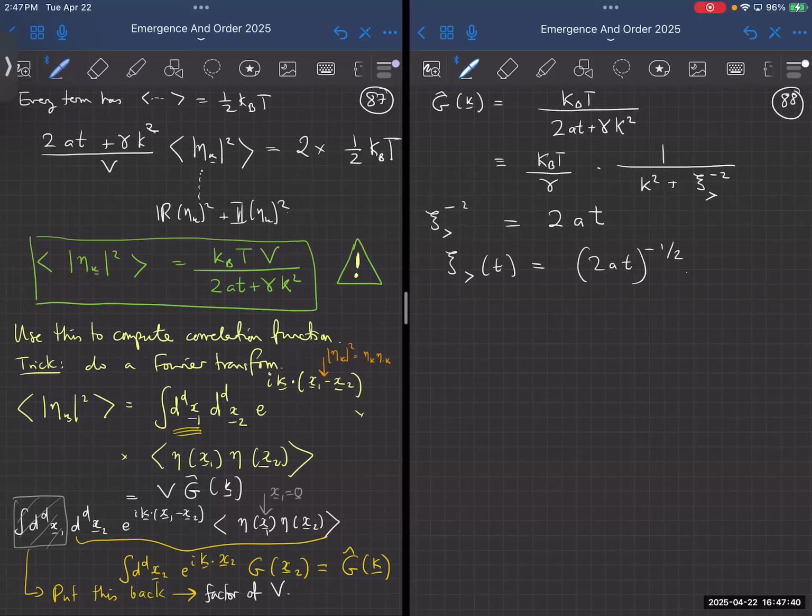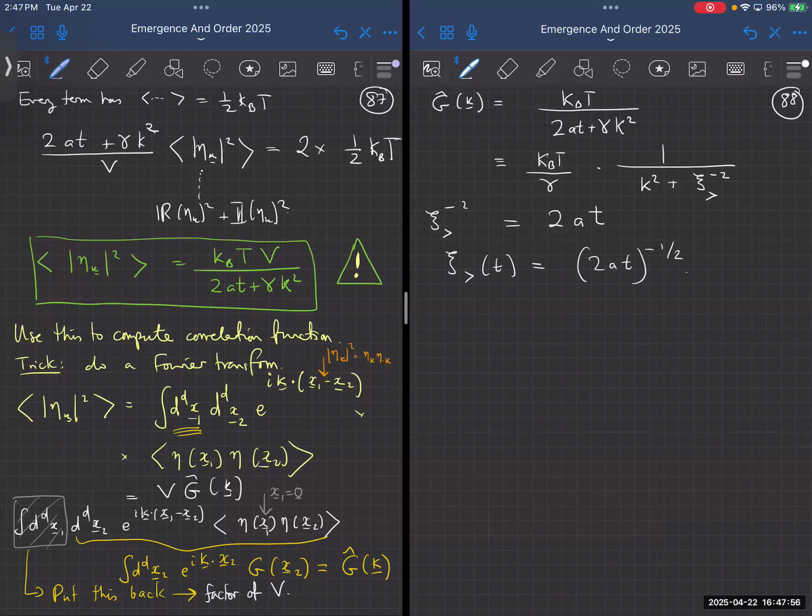Okay, so let's unpack that. So what did I do here? I took eta of k squared. I computed over here where I have the exclamation mark on the left, I computed the expectation value of the absolute value of eta k squared.